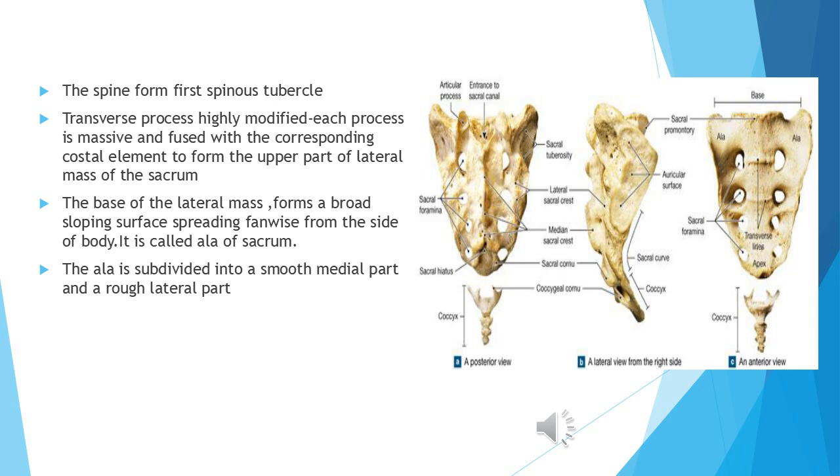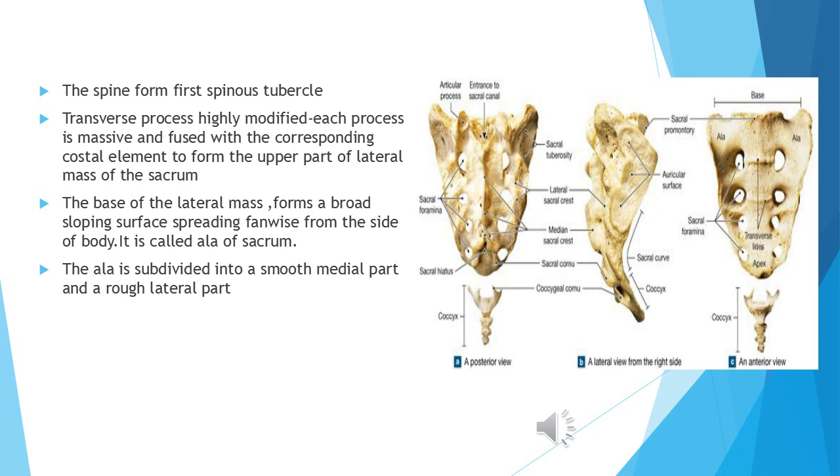So once more, the lateral mass of the sacrum. You know that the sacrum can be divided into two parts: the median portion, which contains the sacral canal, and the portion lateral to the foramina, which is known as the lateral mass, formed by the fusion of the transverse process and the costal elements.